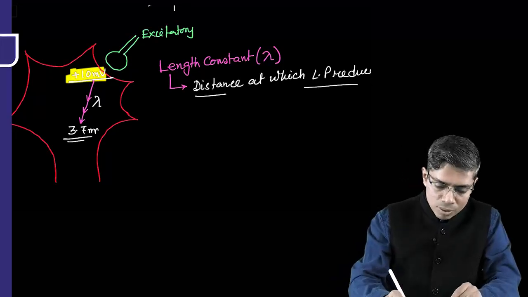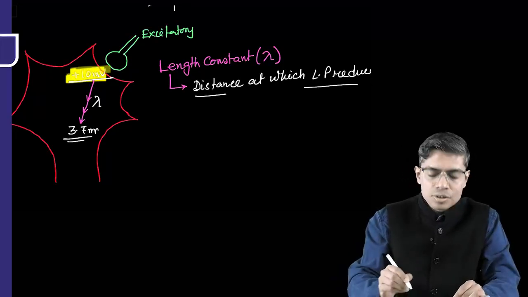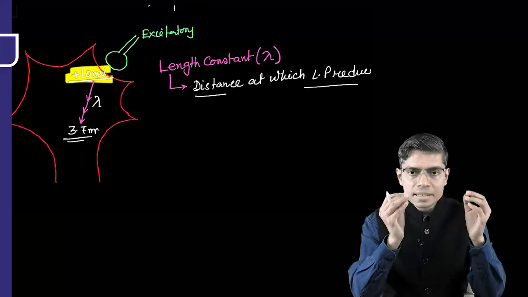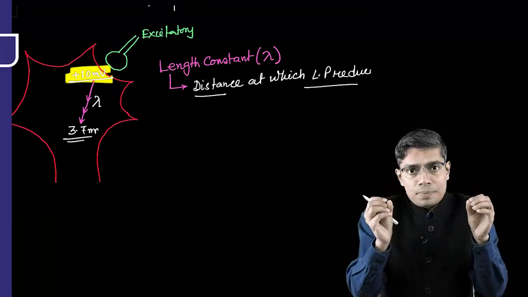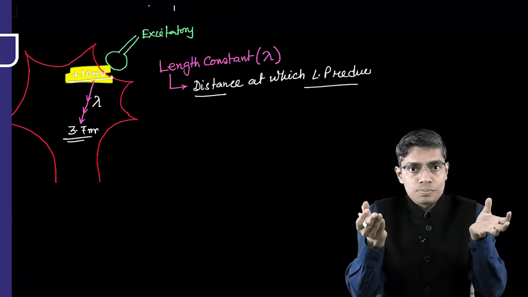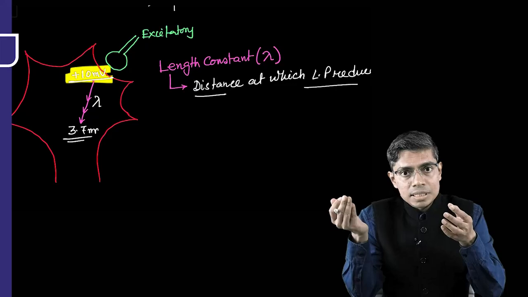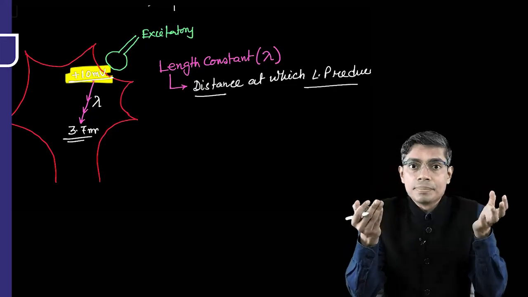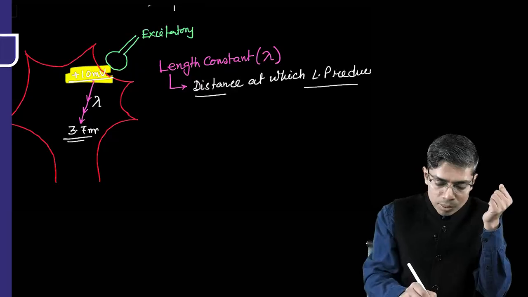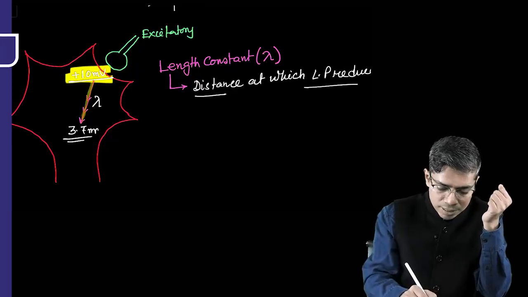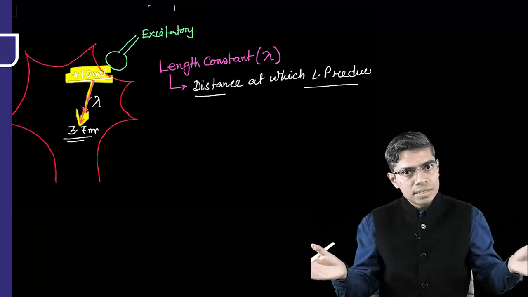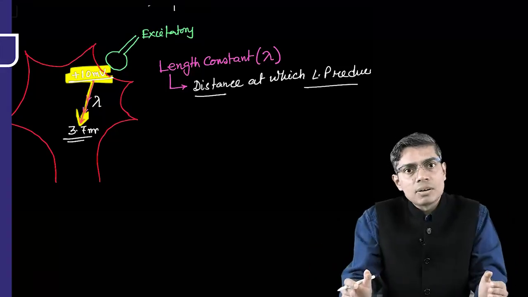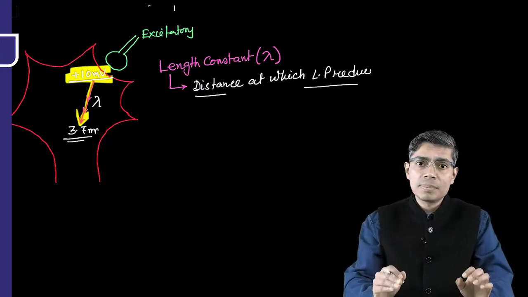Similarly, suppose the local potential is not traveling at all, it is remaining in the same area, then also it can reduce from the original voltage over time. What I'm saying is, if the local potential is trying to travel, it will decrease, and if it is not traveling at all, then also it will reduce in the same area over time.